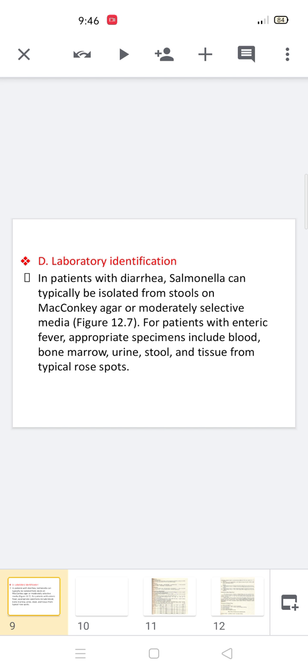We take the blood and in the blood we try to see the antibodies which are present, as well as, in some tests, the antigen. So these are the serological tests. In the serological tests, first is the rapid slide agglutination test.